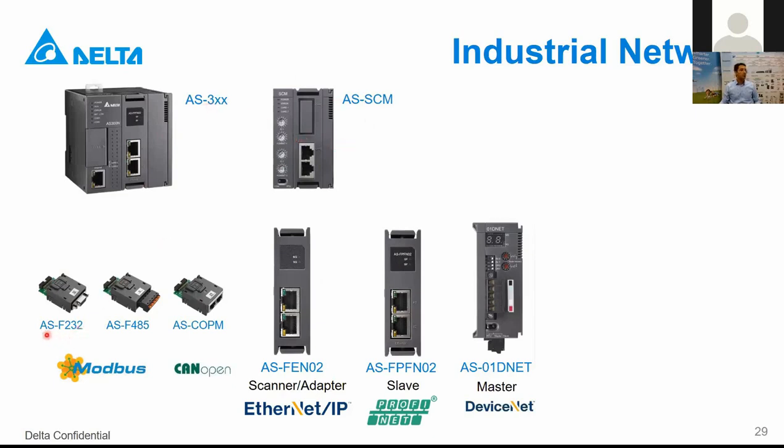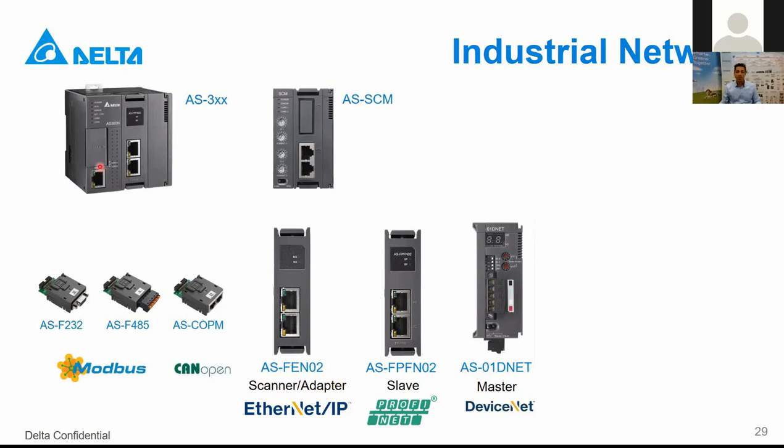Here you see we have two serial communication function cards, and this is a CANopen function card. This CANopen can be used as remote I/O, as I said, and can also be used as master or slave.